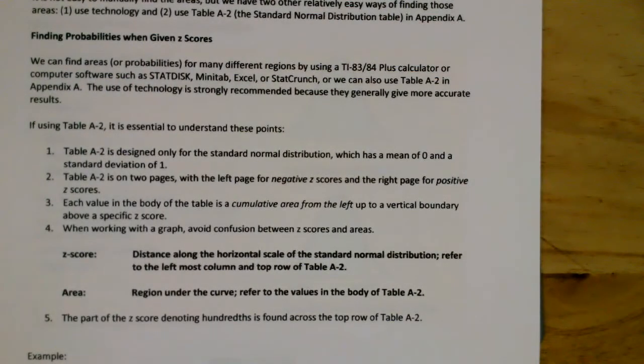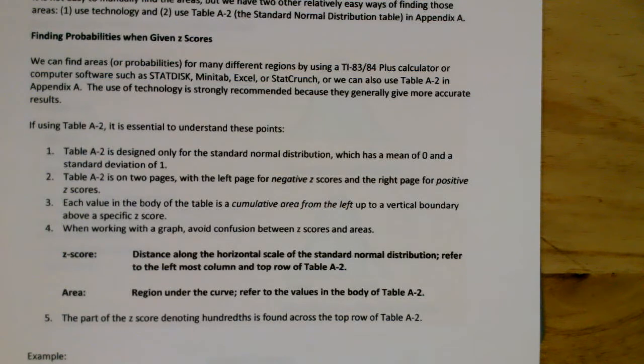So here we can find the areas or probabilities for many different regions by using a TI-83 or 84 Plus calculator or computer software such as StatDisk, Minitab, Excel, or StatCrunch, or we can also use table A-2 in Appendix A, or at the end of the notes that you see here. The use of technology is strongly recommended because it generally gives more accurate results.